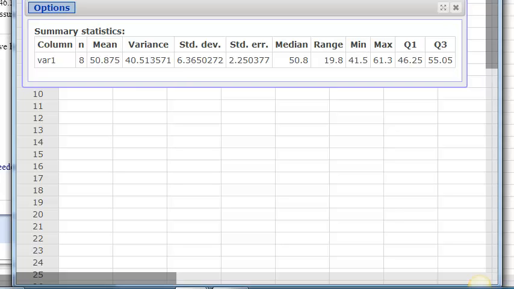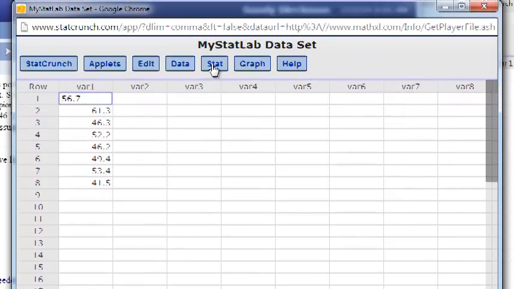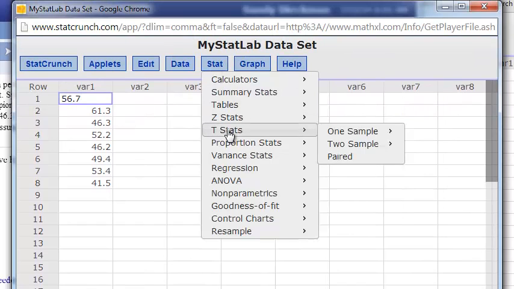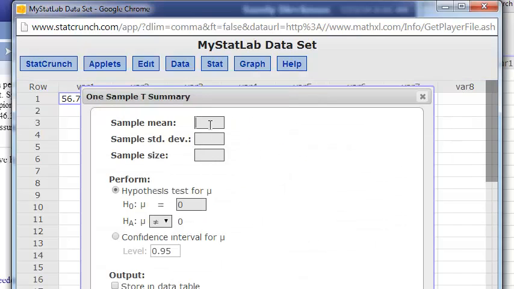The next thing I'm going to do is go to stat, then T stat, then one sample, since I'm finding my p-value. Since I have it with summary, I'm going to click on with summary. For my sample mean I'm going to type in 50.875, and for my sample standard deviation I'm going to type in 6.365, and I just rounded those values.